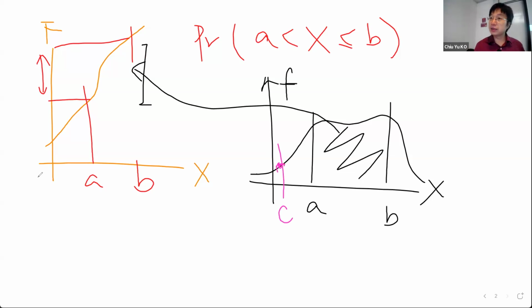If you learn calculus, it's very simple: at point C, I calculate the slope, and this will be the small f. This is the calculus part, but I don't want you to worry about it. What you need to know is there's big F and small f, and they're related. If you differentiate big F, you get small f. If you integrate small f, you get big F. But I don't need calculus. You only need to know there's a big F and a small f.